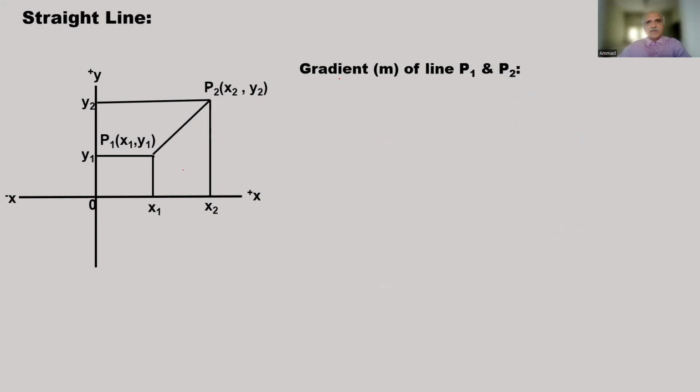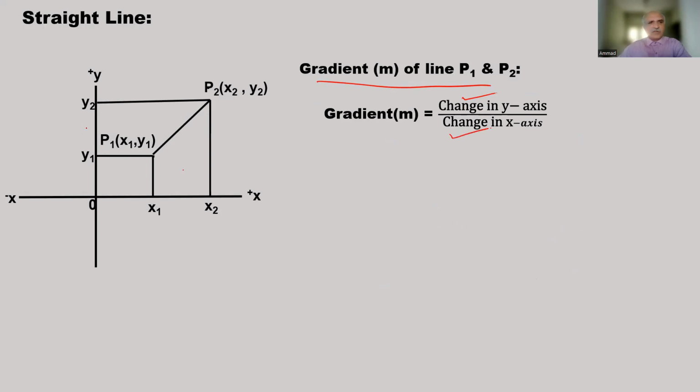Now come to the gradient of a line. What is gradient? Gradient is the change in y over the change in x. The change in y: up to this is y2 and up to this is y1. If we subtract y2 minus y1, we will get this distance. So the change in y is y2 minus y1.